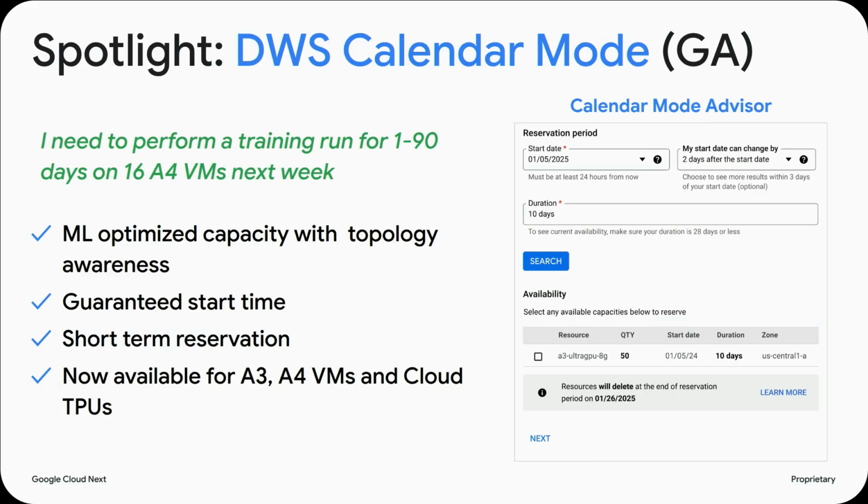So what is DWS calendar mode? If this is something you haven't experienced before, DWS calendar mode provides up to 90 days of reserved GPU and TPU capacity for your AI/ML workloads without the need for long-term commitments. Capacity is co-located, which makes this model a great fit for model training, fine-tuning, and experimentation.